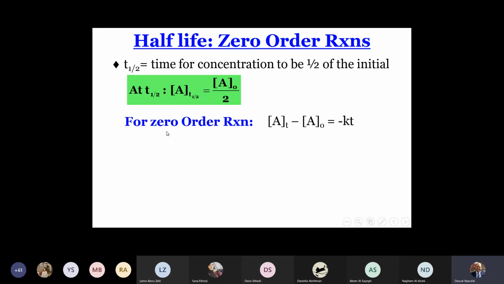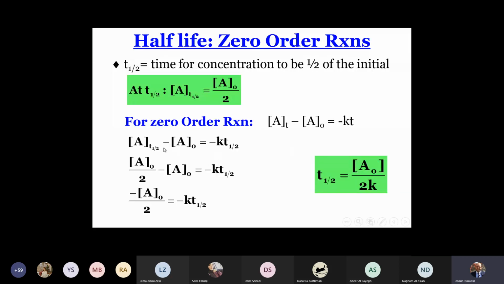For a reaction of 0 order, the relation At minus A0 equals minus Kt is justified at any time. This relation can be used at any time t. One of these times is the half time. So I will apply this relation at t equal t-half.